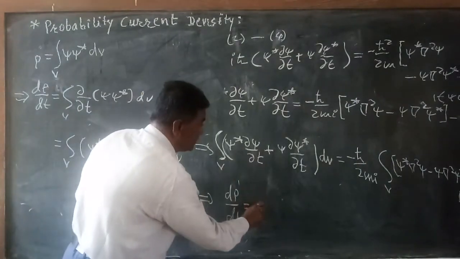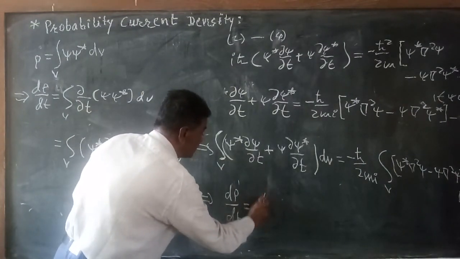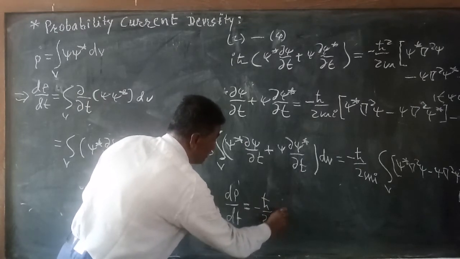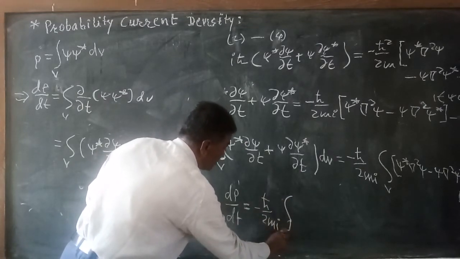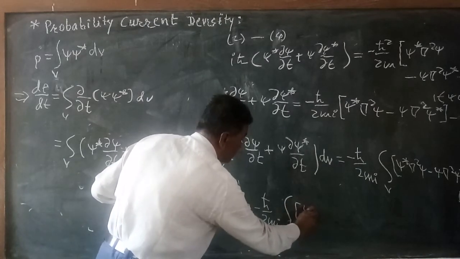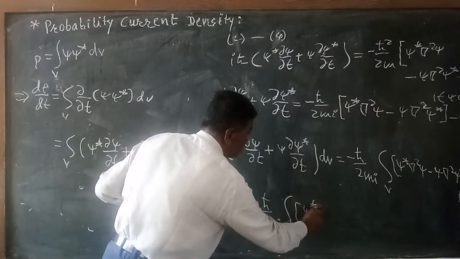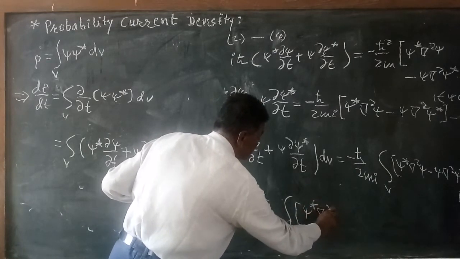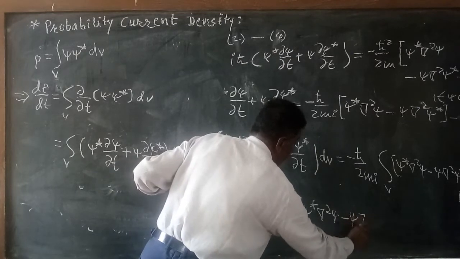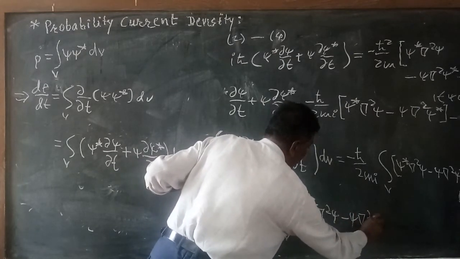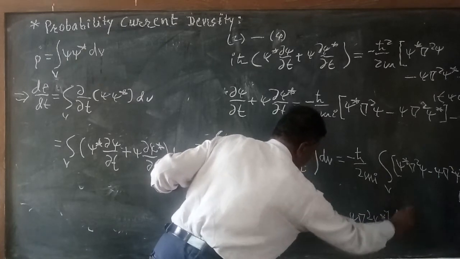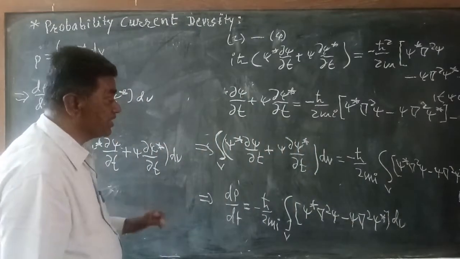So dP/dt is equal to minus ħ divided by 2mi as it is, integral over the complete volume, in the bracket ψ* ∇²ψ minus ψ ∇²ψ*, bracket complete, into dV. So we are getting this equation.